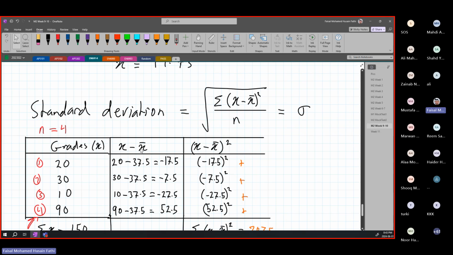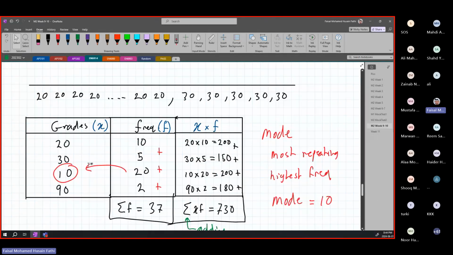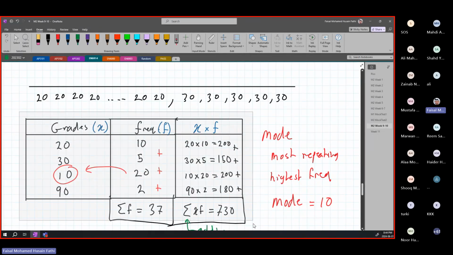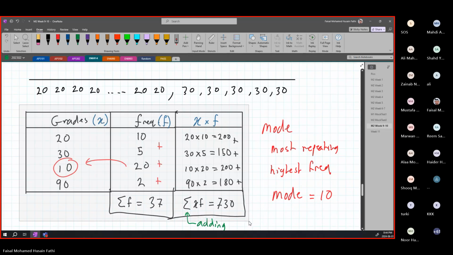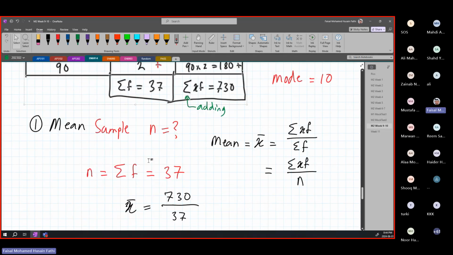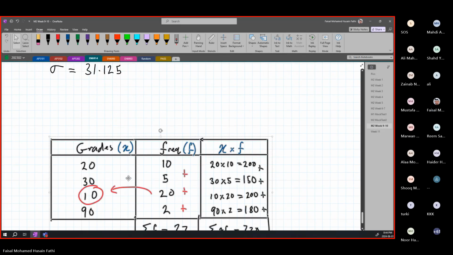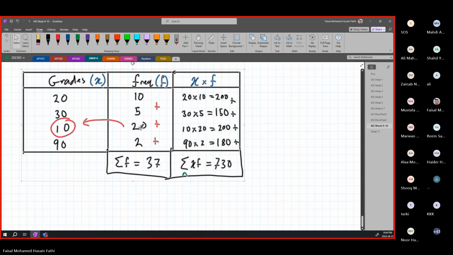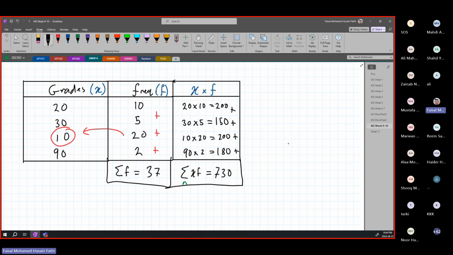Now, this was in the case when we have grades as single point data and we didn't have any frequencies. So what if we had something like this table where we had a frequency? Okay, let me copy paste this down here. So let's say we have this table, which we looked at earlier. All right.